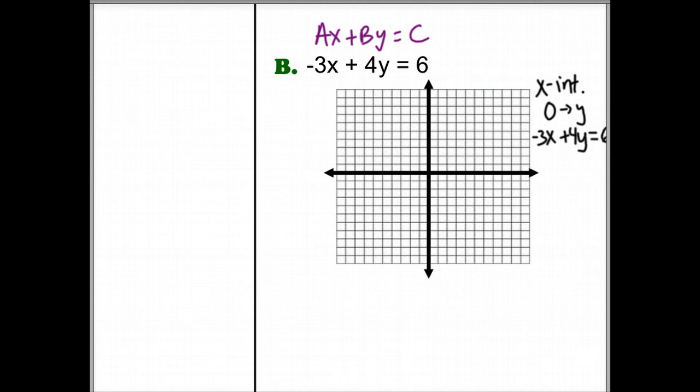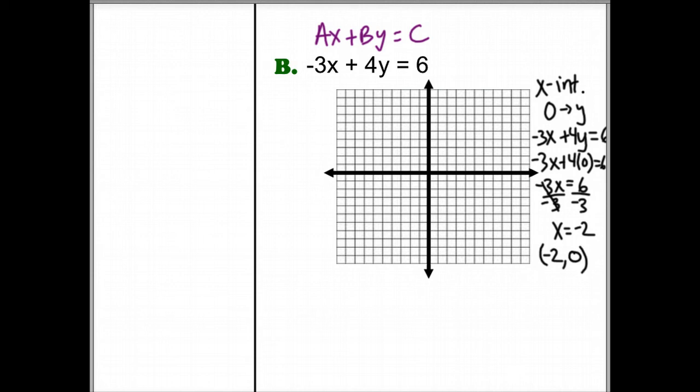So we are going to plug that in. And 4 times 0 is just 0, so we have negative 3x equals 6. Divide by negative 3. X is equal to negative 2, which as an ordered pair would be negative 2, 0.